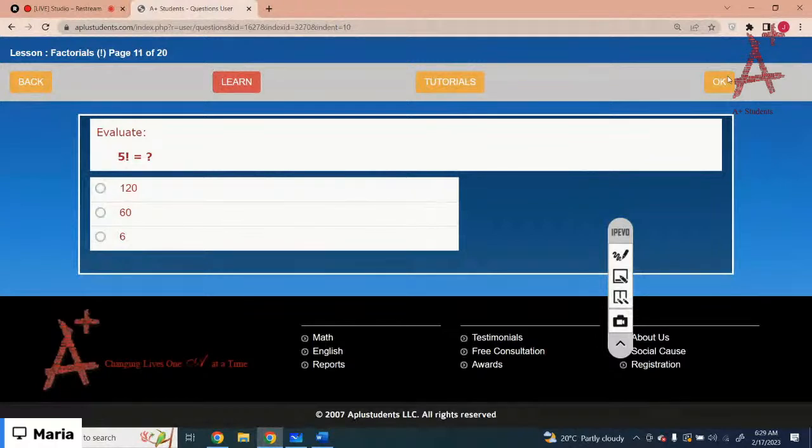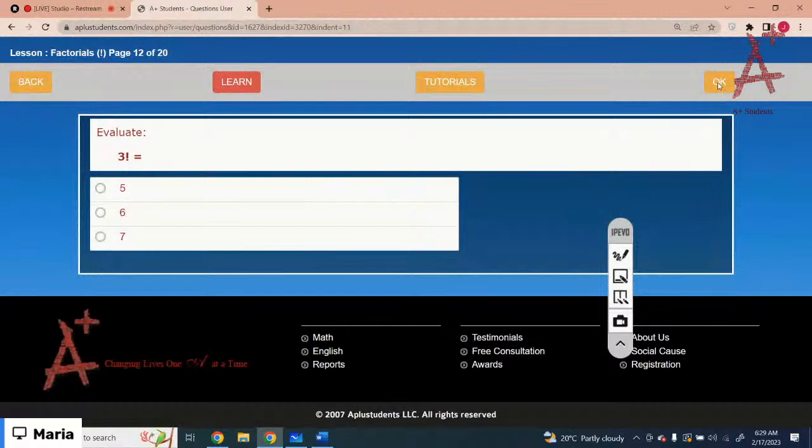Yes, it is 120. 5 times 4 is 20, 20 times 3 is 60, times 2 is 120.